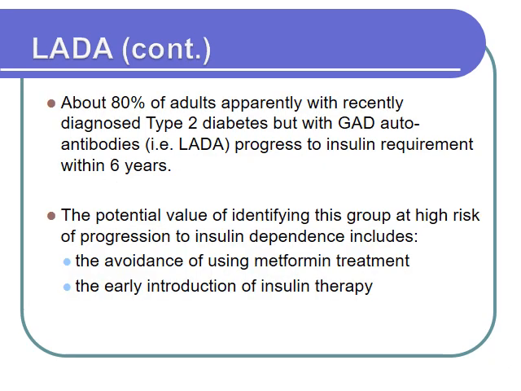About 80% of adults apparently with recently diagnosed type 2 diabetes, but with glutamic acid decarboxylase autoantibodies, progress to insulin requirement within 6 years. The potential value of identifying this group at risk of progression to insulin dependence includes the avoidance of using metformin treatment and early introduction of insulin therapy.